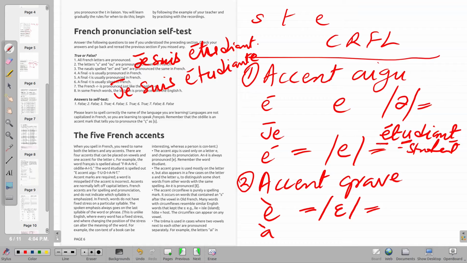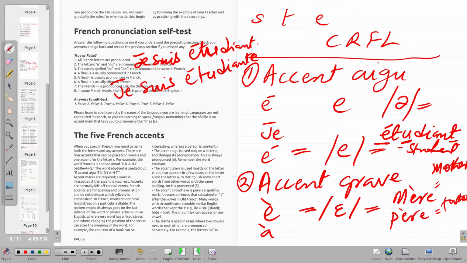So back to the accent aigu, étudiant. In the accent grave, you will have things like mère, which means mother, or père, which means father.